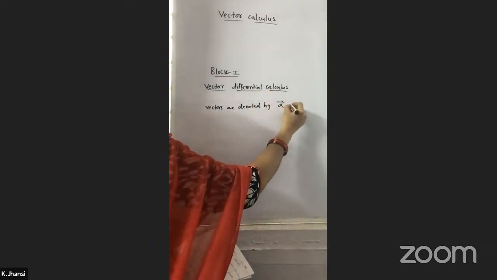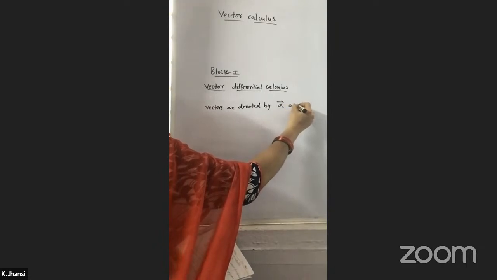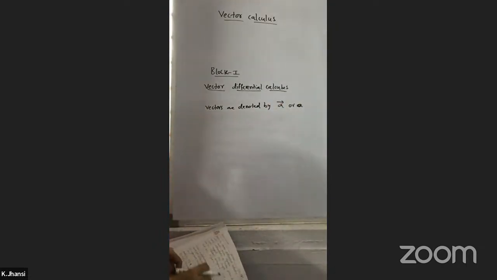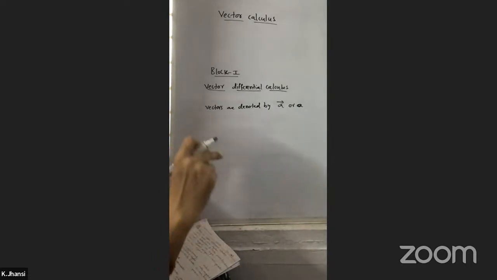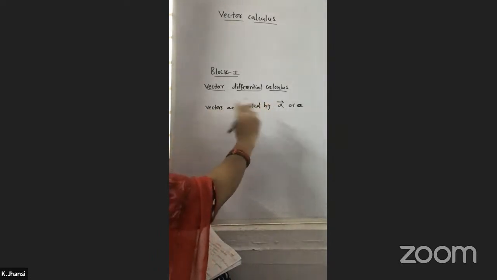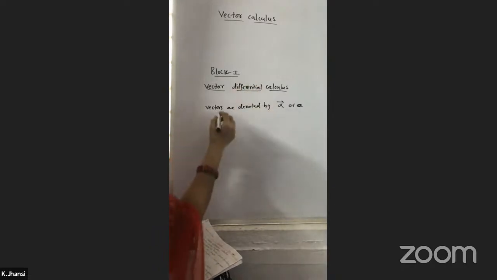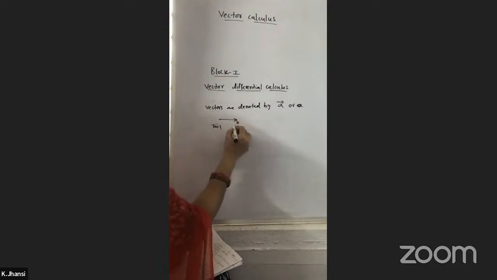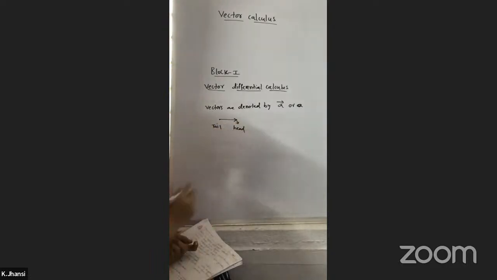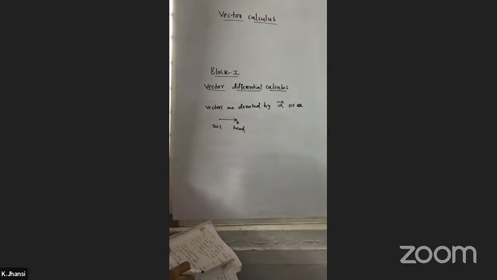Or in some textbooks you will have a dark A. Or on the A it is represented as an arrow mark, and this arrow mark has a tail and a head. So we put the arrow mark on that, which means it represents a vector.